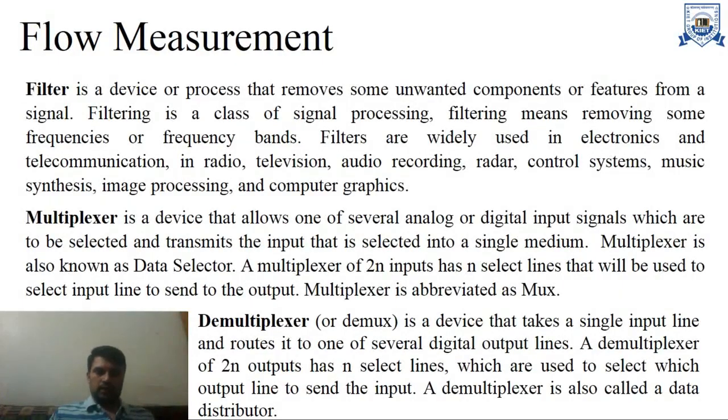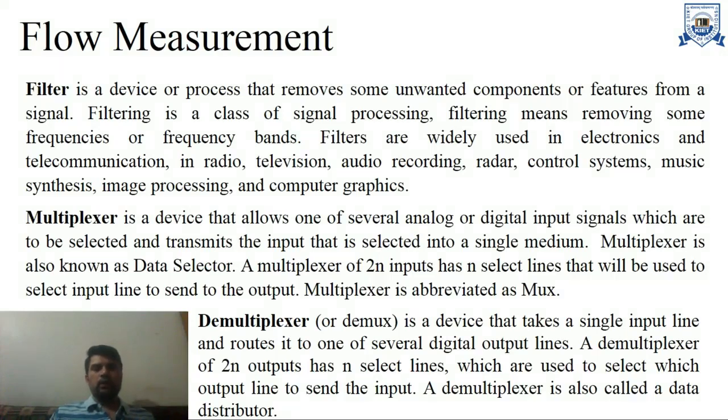Next we have filters. A filter is a device or process that removes some unwanted components or features from a signal. Unwanted components are noise, etc. Filtering is a class of signal processing. Filtering means removing some frequencies or frequency bands.